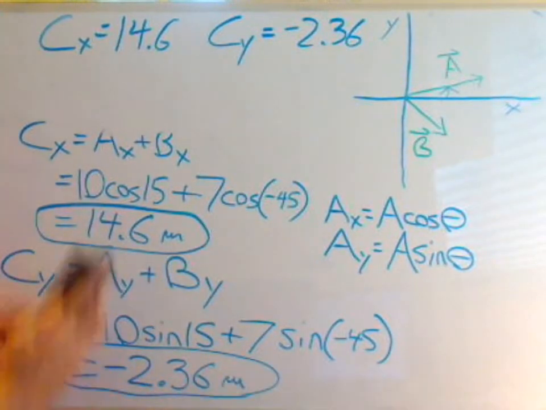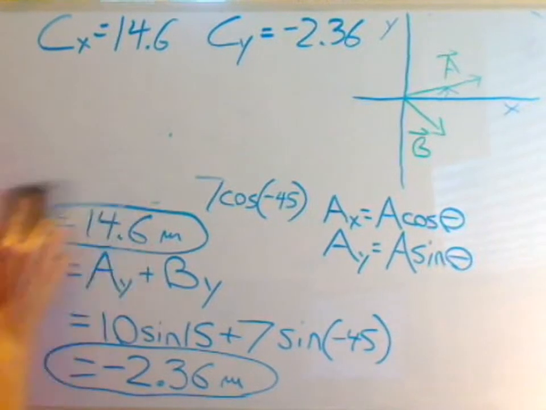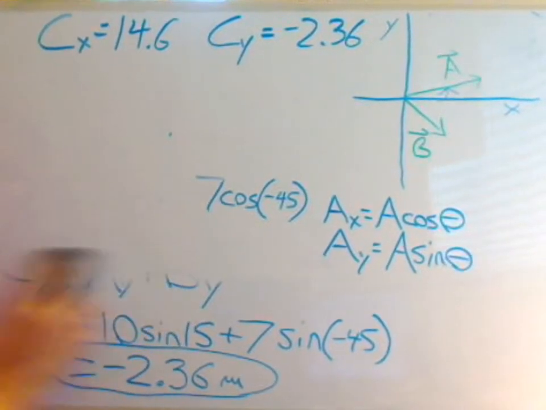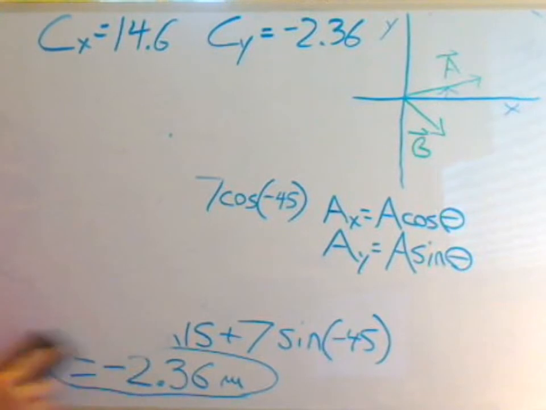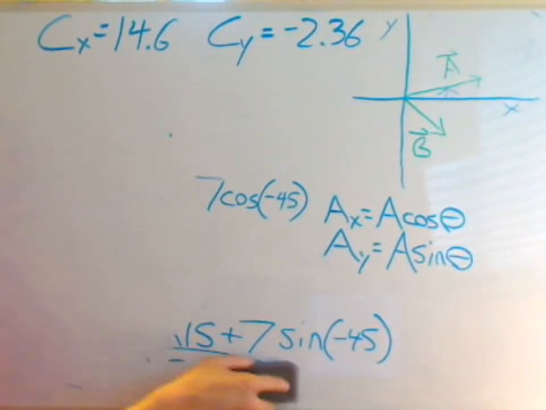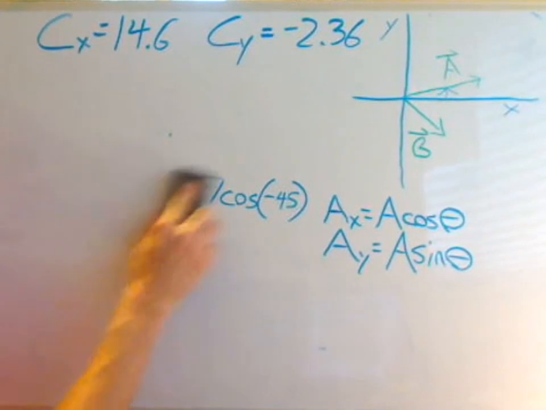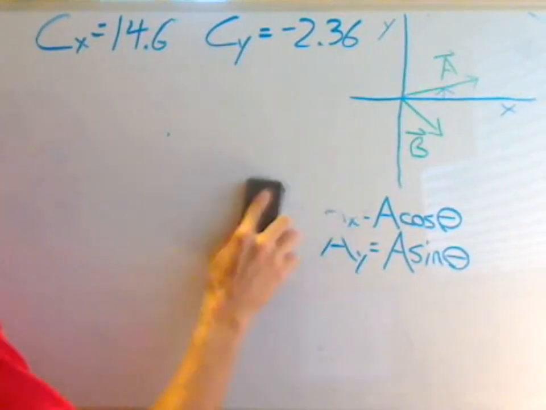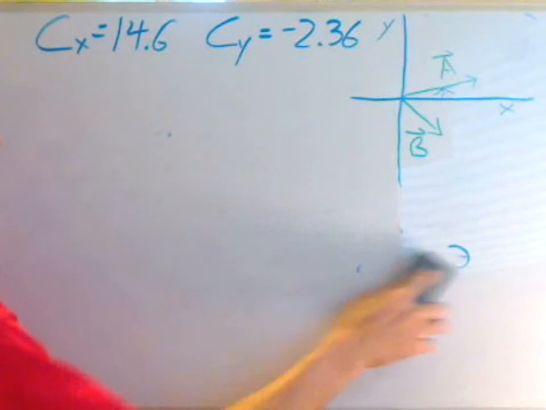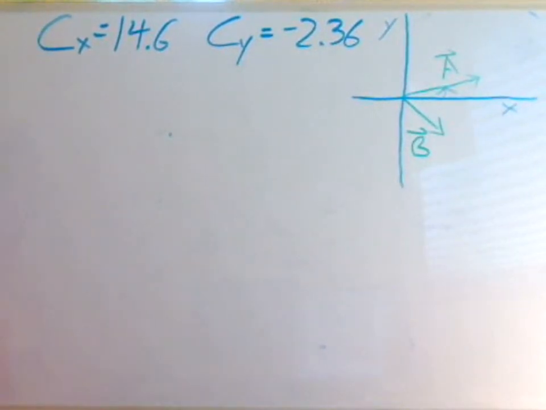Now, this could be your answer, but remember the question really is what is the magnitude and direction? So we found the components, and now we just need to figure out the magnitude and direction of our vector.